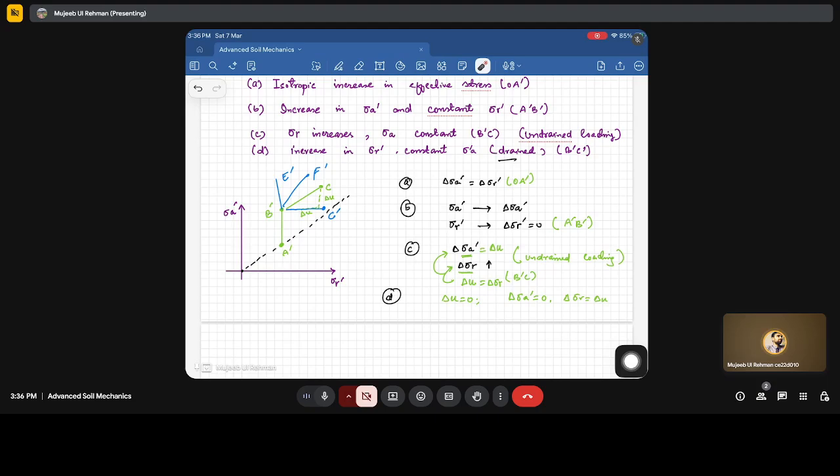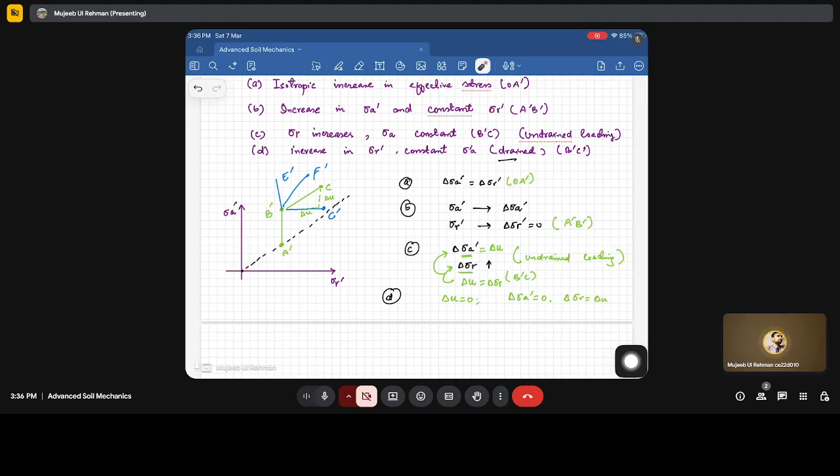This is not telling us anything about the bounds or failure of the soil, up to what we have to load the sample, or what the bounds are on the extension or the compression side. If we are going to load a sample of soil, we have to load it up to a certain limit. After that, this state will not exist, it will fail.